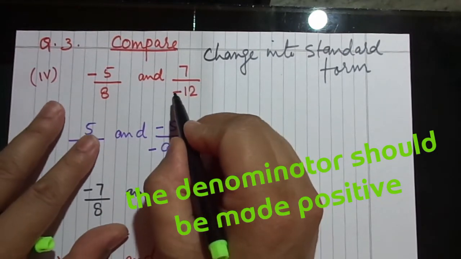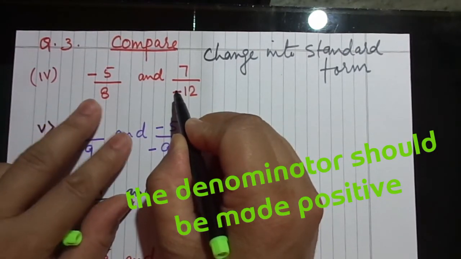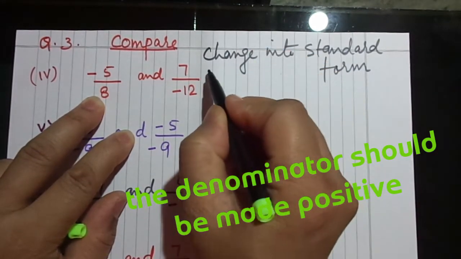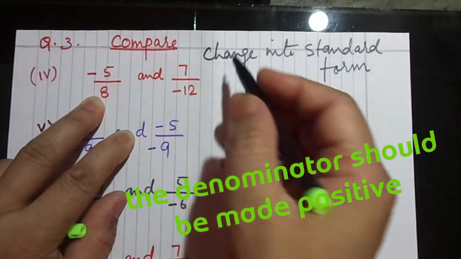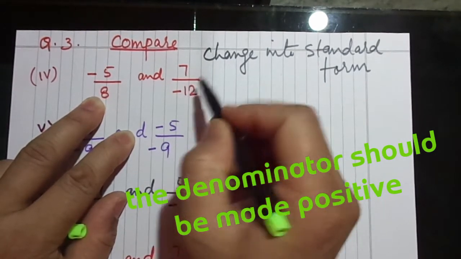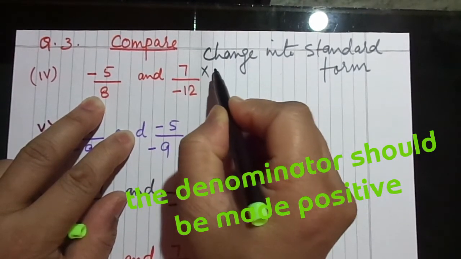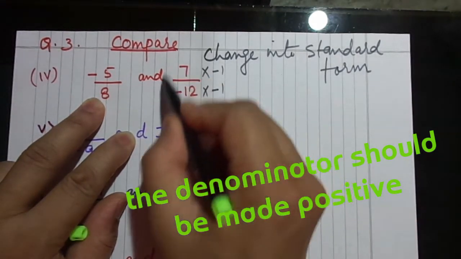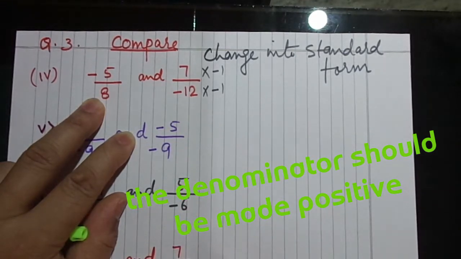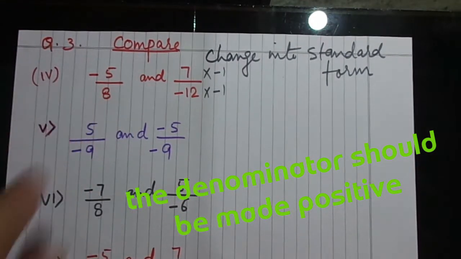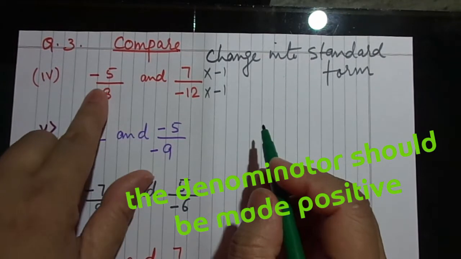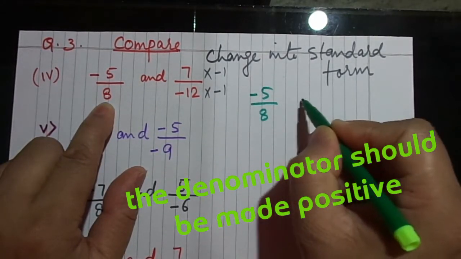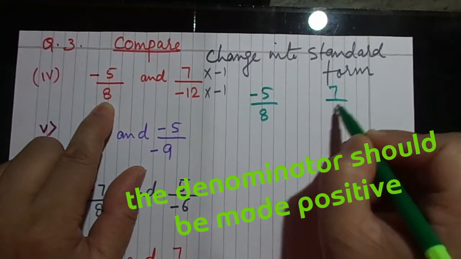So how to make the denominator positive? By multiplying both the numerator and the denominator with minus 1. So if you multiply both of them with minus 1, we will get this as minus 7 by 12. So we have the same numbers over here as minus 5 by 8 and minus 7 by 12.